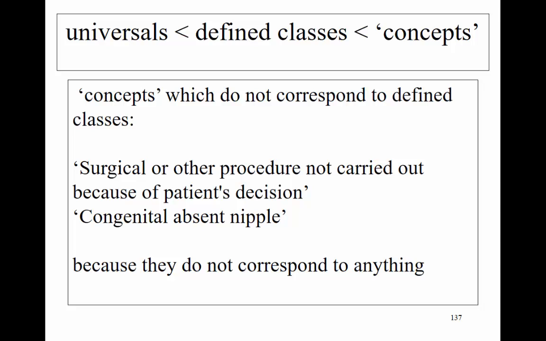So congenital absent nipple is a nipple, a special kind of nipple, namely one that is not there. And now they talk about negative allergies, which is the absence of allergy. And this is spawn of the lazy concept terminology.